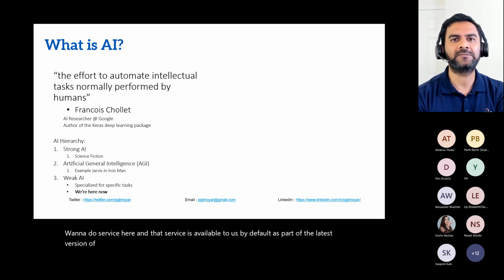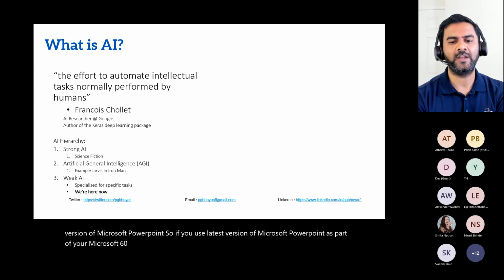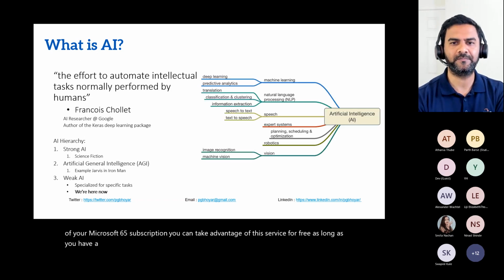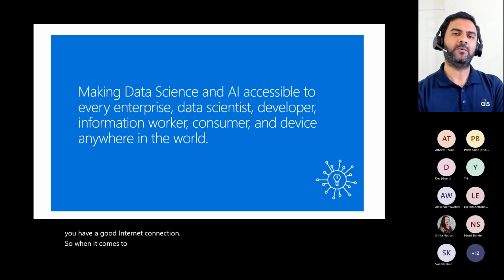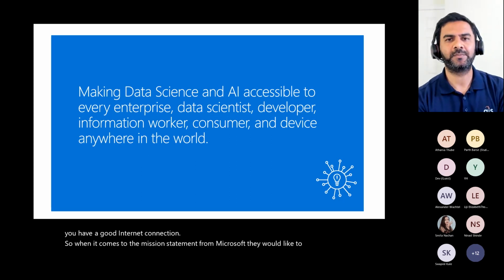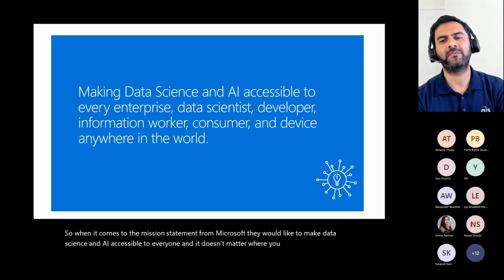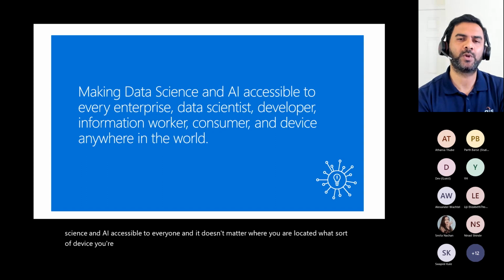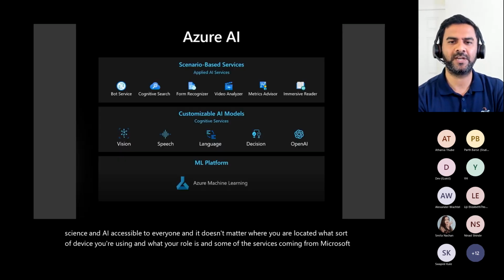So if you use the latest version of Microsoft PowerPoint as part of your Microsoft 365 subscription, you can take advantage of this service for free as long as you have a good internet connection. When it comes to the mission statement from Microsoft, they would like to make data science and AI accessible to everyone, and it doesn't matter where you are located, what sort of device you're using, and what your role is. Some of the services coming from Microsoft align really well with this mission statement.